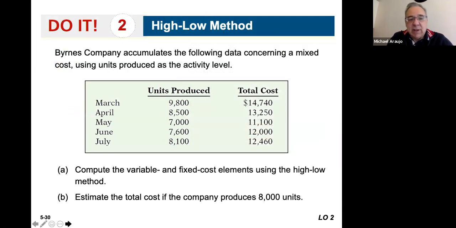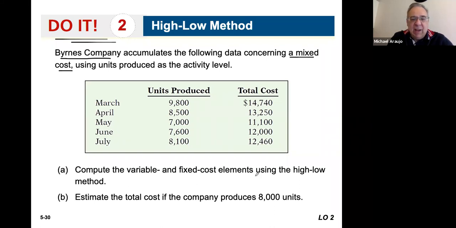So it's interesting. All right, so here's the do it exercise about the high-low method. There's this company, Burns Company. They have the following data concerning mixed costs for units produced at each activity level. So here's their period of time: March, April, May, June, and July, the number of units that have been produced, and the total cost.